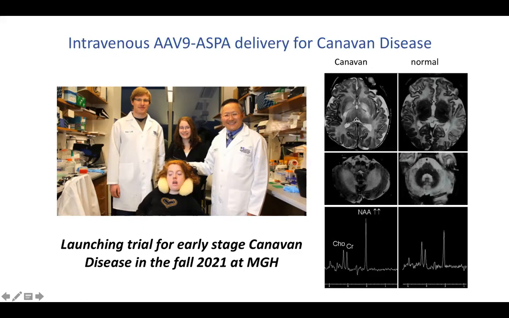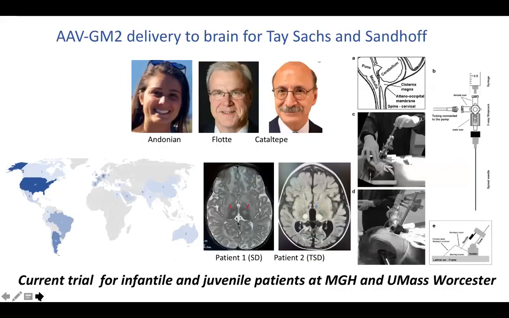And what we want to see is if after delivery, can this be done safely, and can we lower what is the culprit in this disease, the N-acetyl aspartate that is so high in this disorder, and can we lower that successfully?